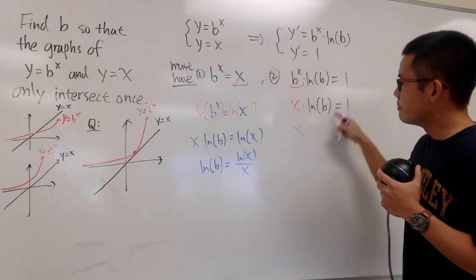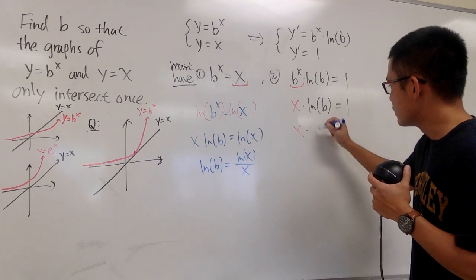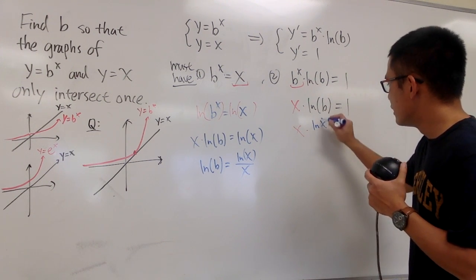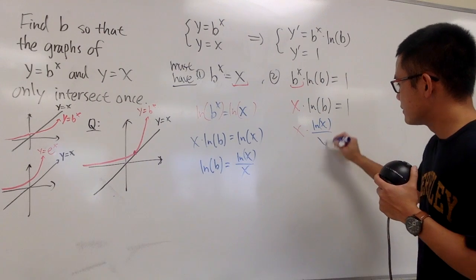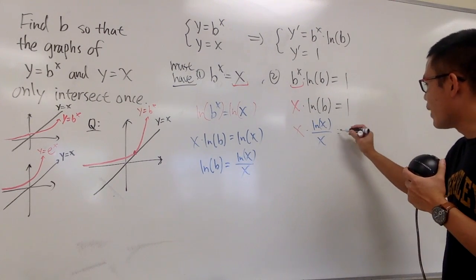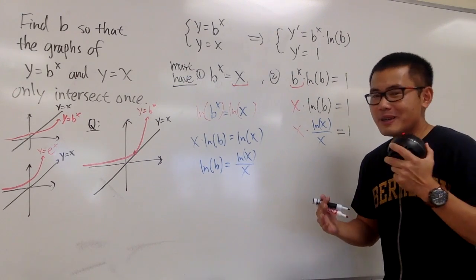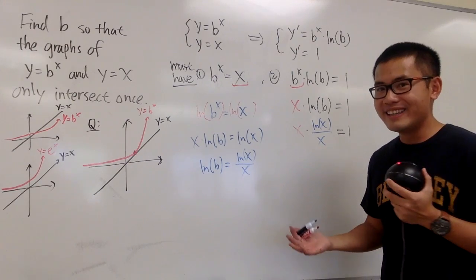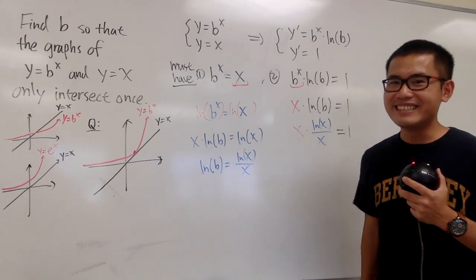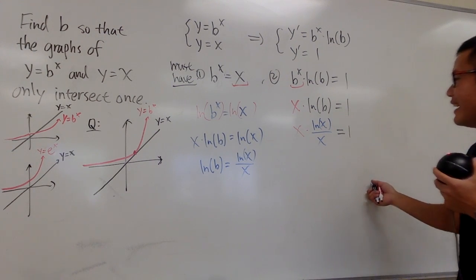And for ln b, which I can replace with ln x over that x, I want to put this down in blue. And of course, this is still equal to 1. So this is kind of like a special way to solve a system of equations, isn't it? And another special way to do substitution.